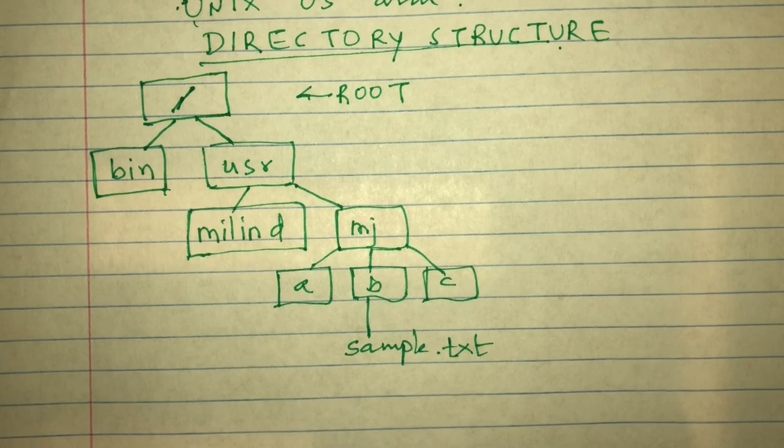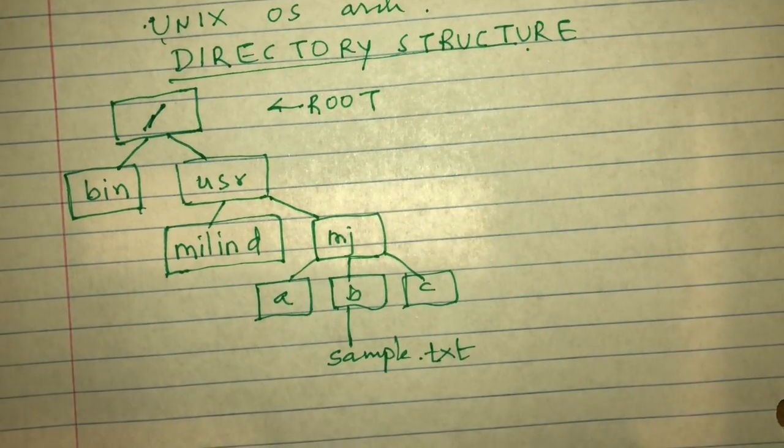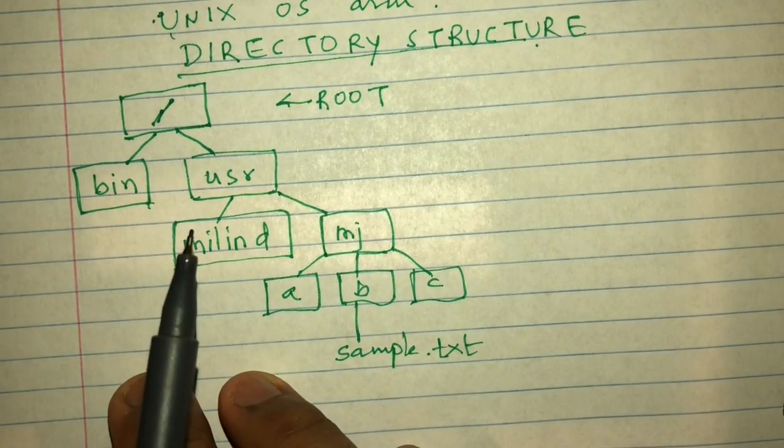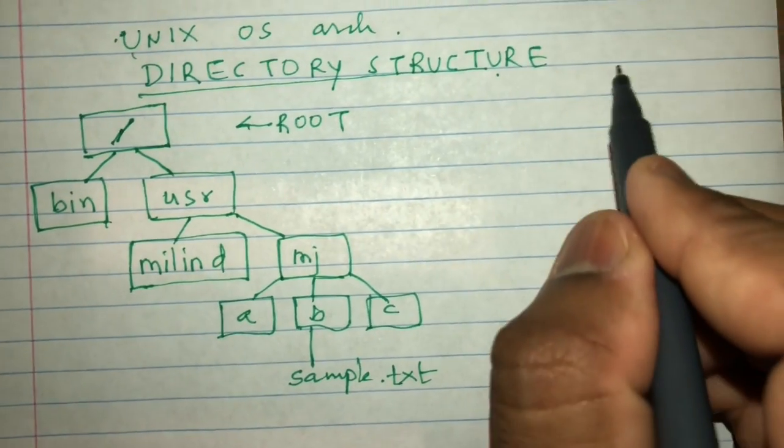So this is a sample example of the directory structure of Unix operating system. It might be similar to yours. There is a better chance it won't be similar to yours. I'm just giving an example here. So compare this structure to the actual tree, which looks like this.